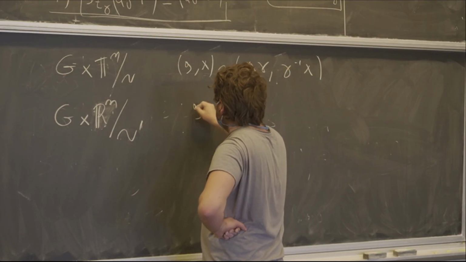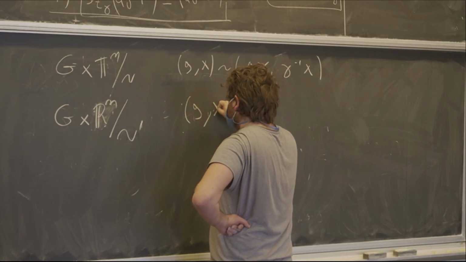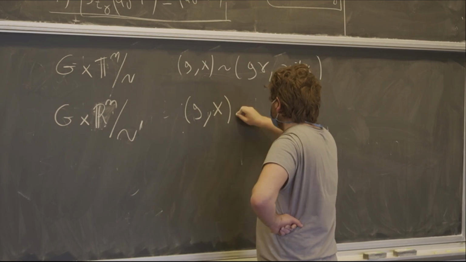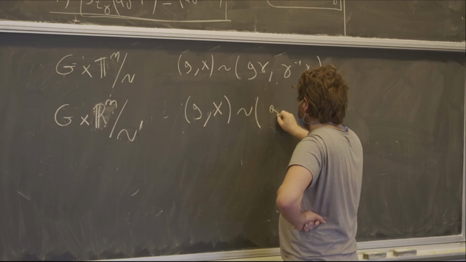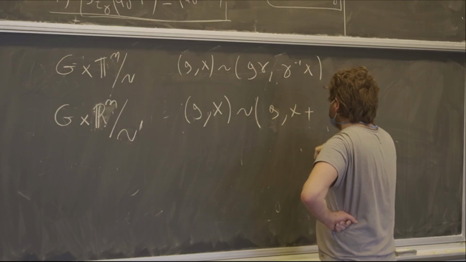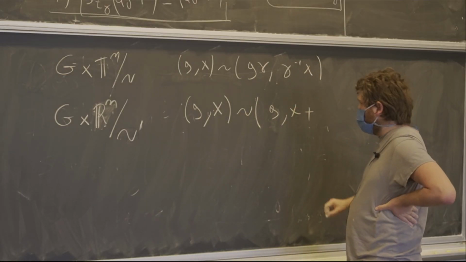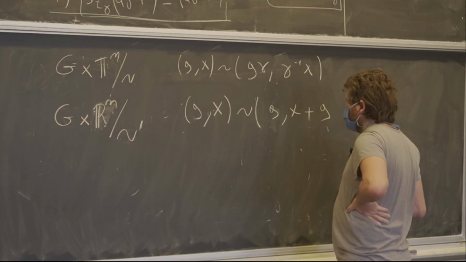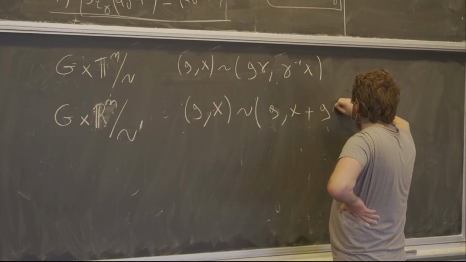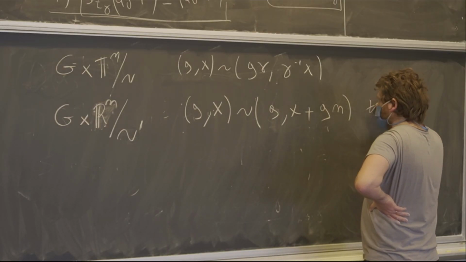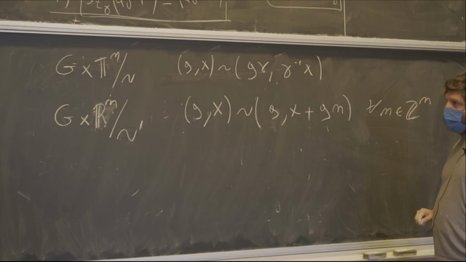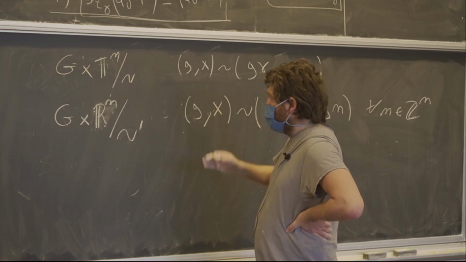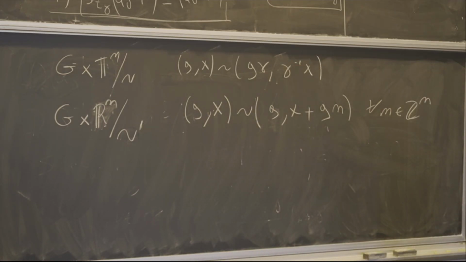So what's the equivalence prime now is Gx will be related with Gx plus, now I have to be very careful, I think is G n for every n in G n, and actually, yes, I'm good with dimensions.